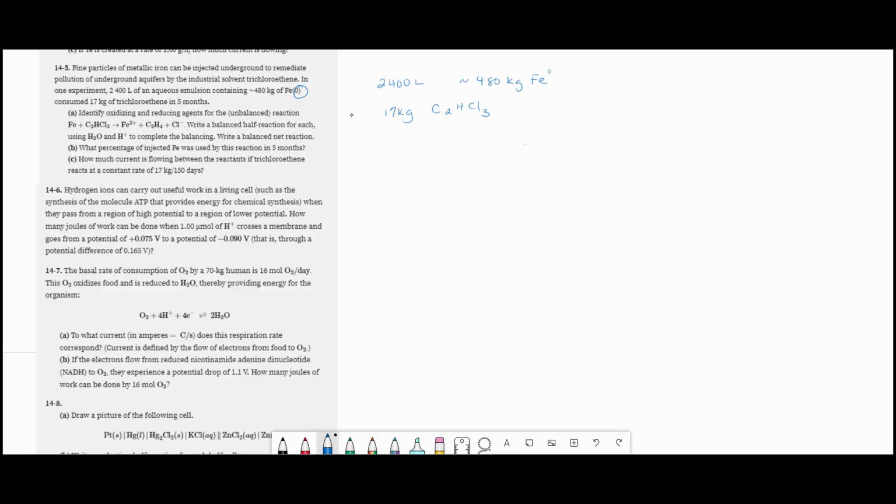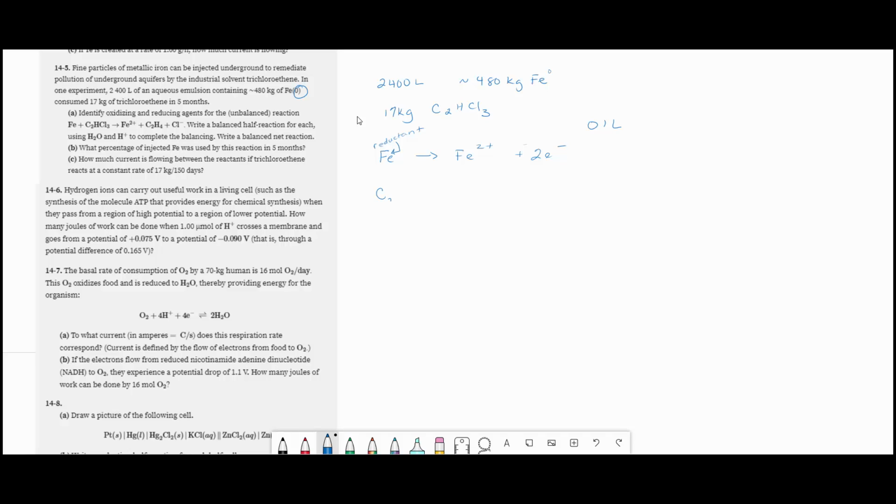And the first thing we're asked to do is identify the oxidizing and reducing agents for this reaction. And we are told it is unbalanced. So we have iron, and that's going to form iron 2+. Immediately, you should be able to see that that is oxidation. Remember, oxidation is loss. So this is your reductant or your reducing agent. It is the thing being oxidized on the reactant side.